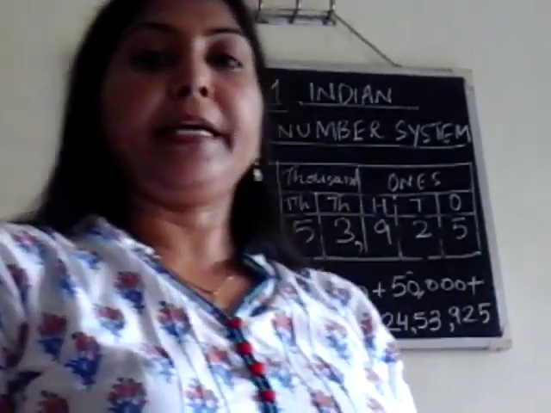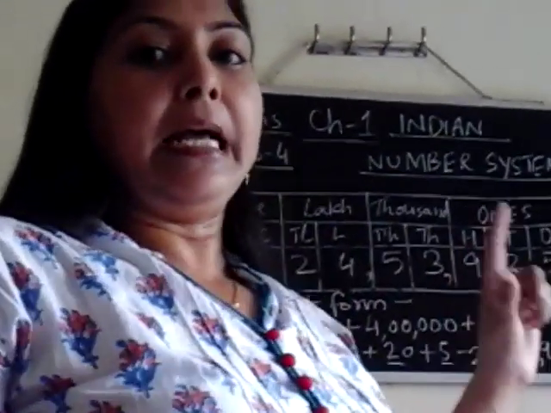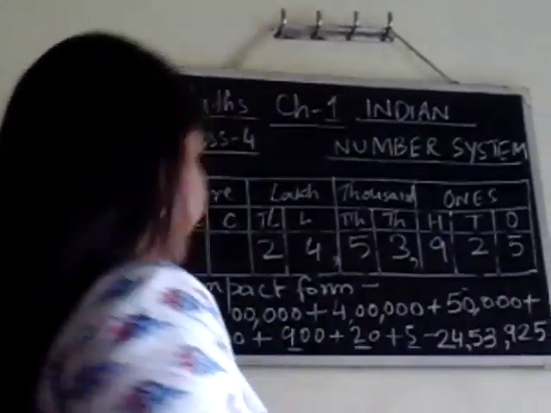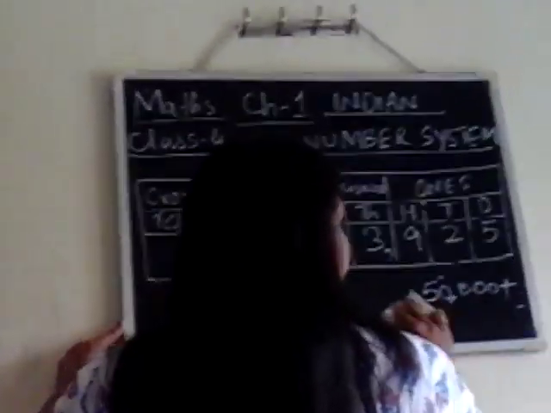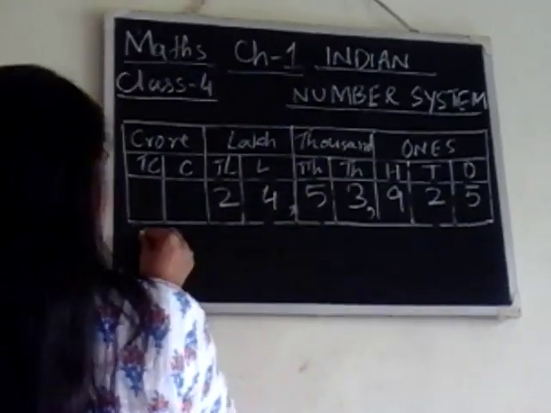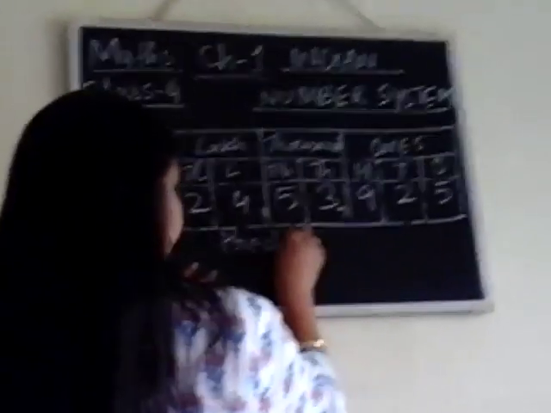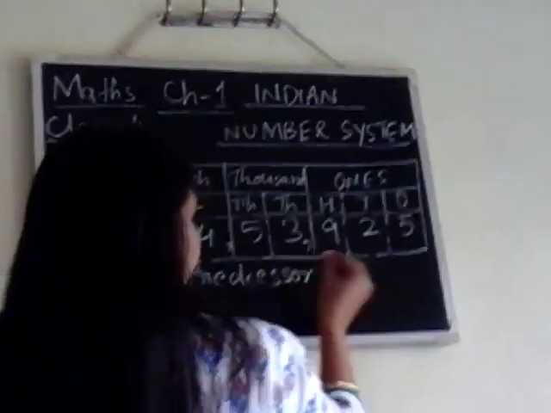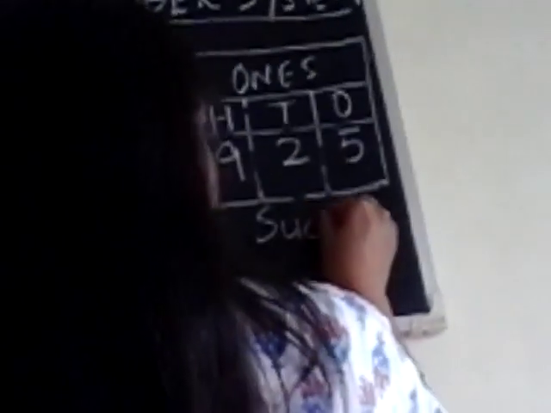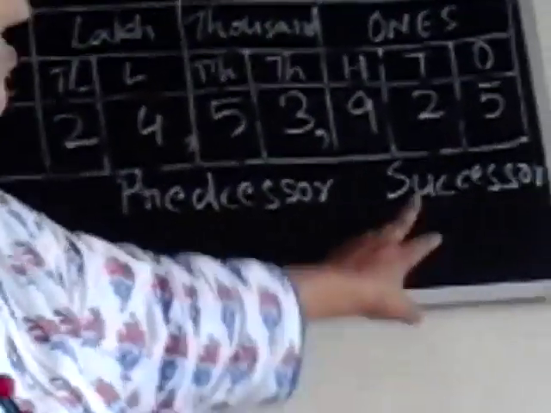Our next topic is, what is predecessors? Now I am going to write this word over here and then I am going to ask you a few questions, right? Written here two terms, predecessors and successors.